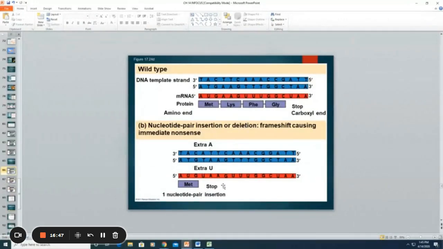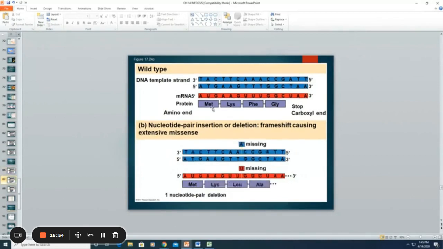So frame shift mutations can result in nonsense mutations as well. Here's where I delete 1. And so notice if I delete right here, I'm going to change every single amino acid after that. Maybe never even get to a stop codon because now I've ruined that.